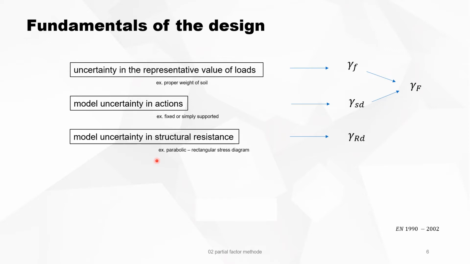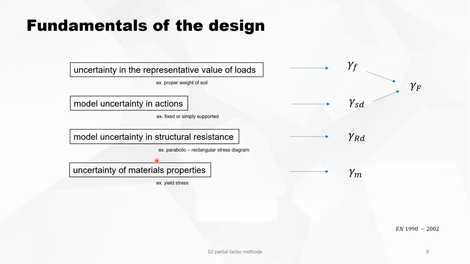So it's an approximation, so you have an uncertainty. You can have an uncertainty of material properties, for instance, like the yield stress. So those two combined give you the uncertainty on the coefficient for the materials.